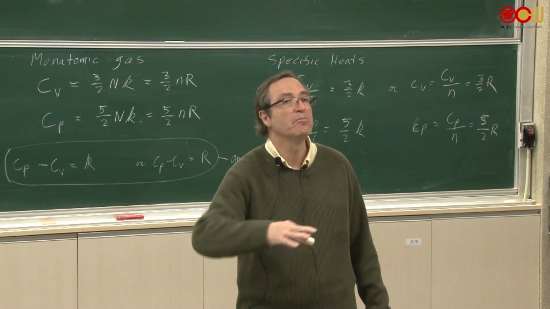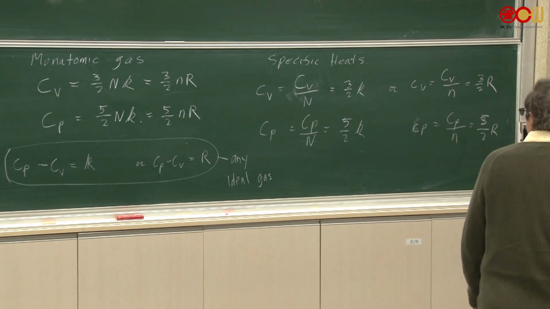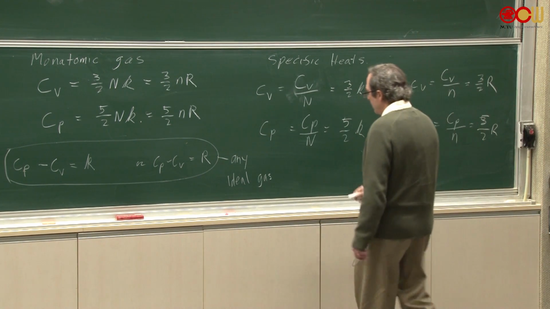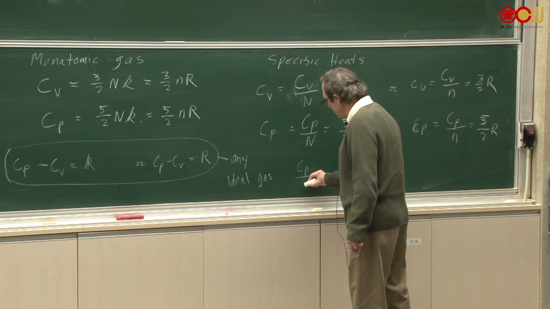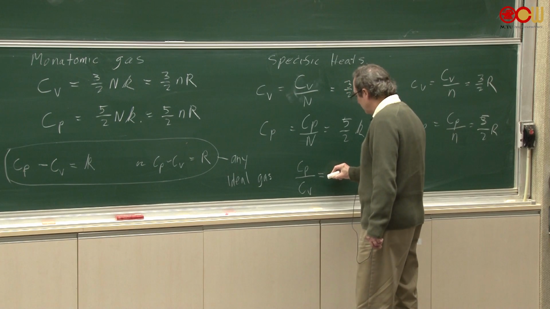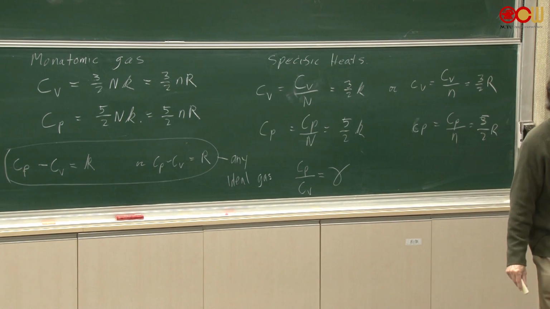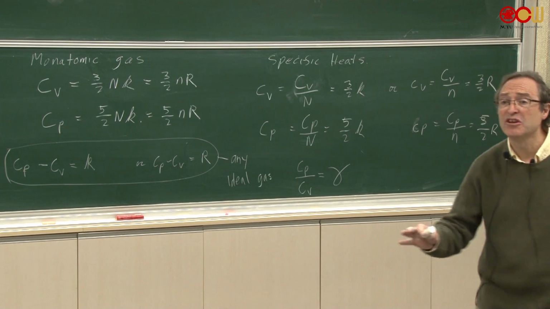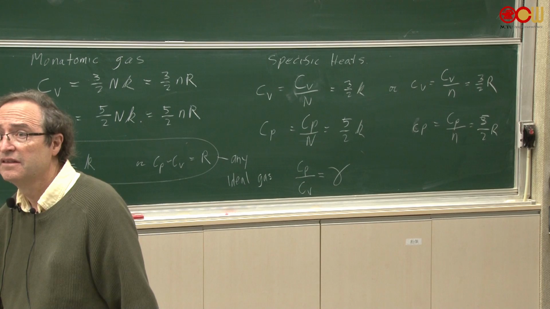Be it diatomic, any ideal gas. That's true. And we have a name to measure the difference, namely CP over CV is called gamma.